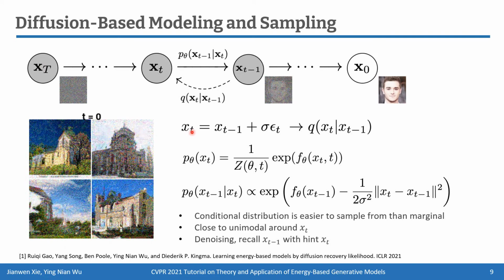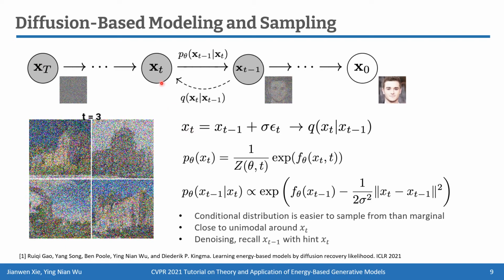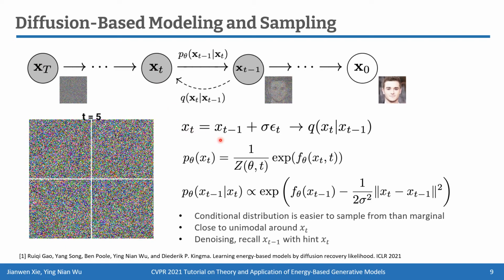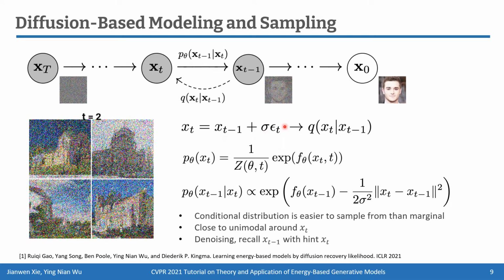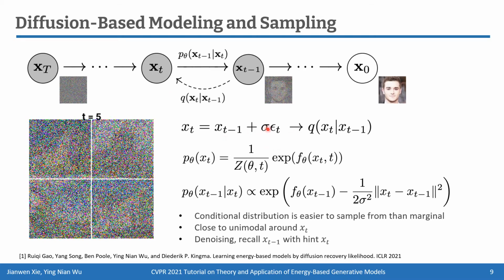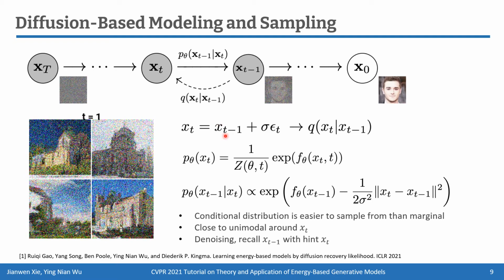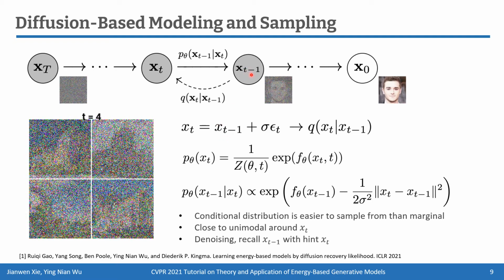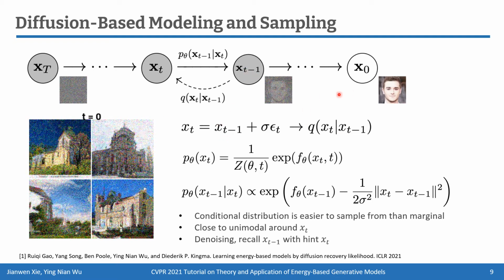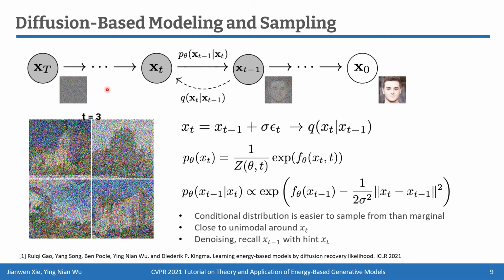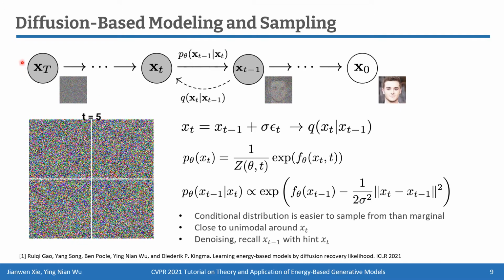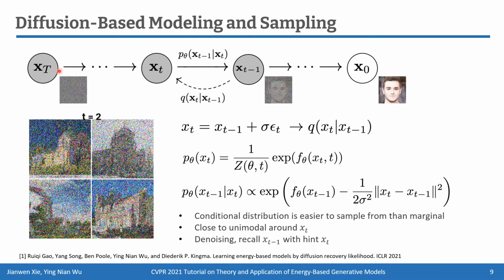So at time step t, say x_t, is obtained by adding Gaussian noise of variance sigma squared to the image at time step t minus 1. So this process, if you repeat it, it is a diffusion process, eventually leading you to a white noise image.